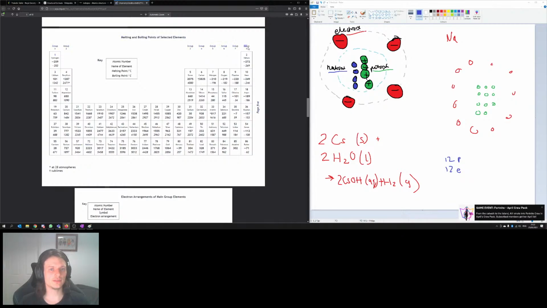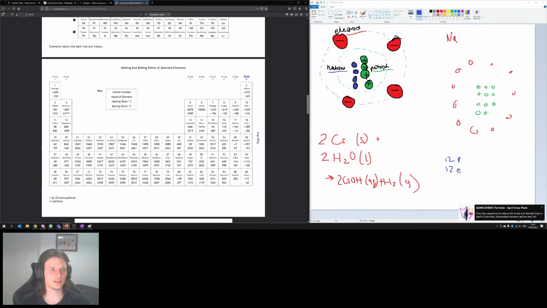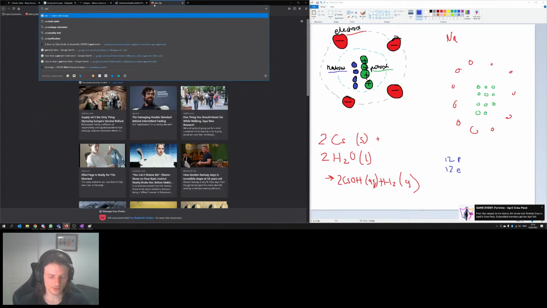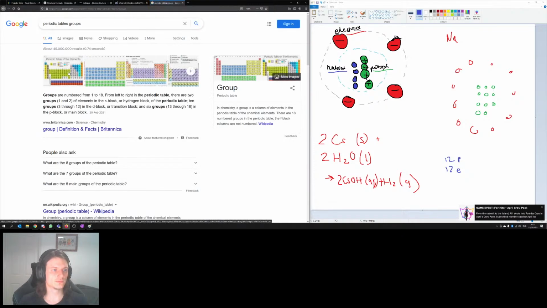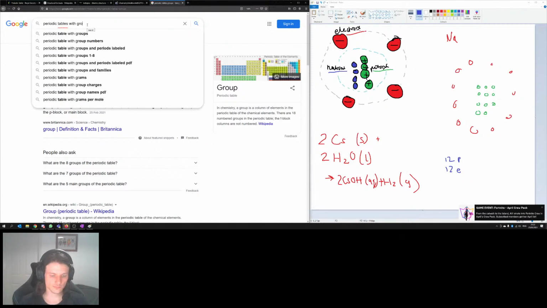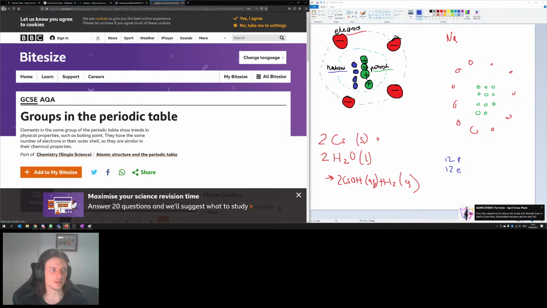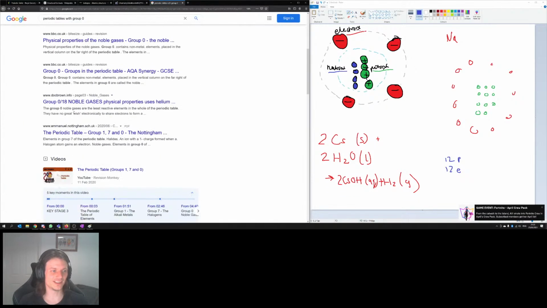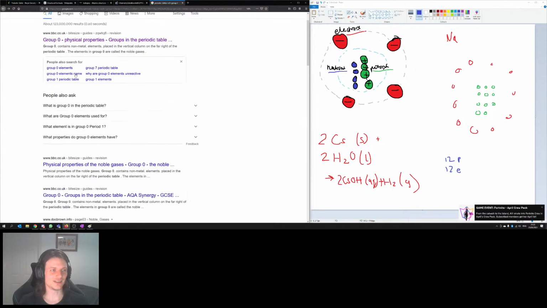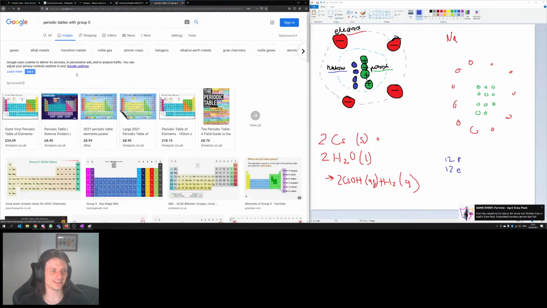Oh, okay, so it's different groupings for different things. So periodic tables, groups. BBC again. That's worrying. They only seem to have BBC links there.